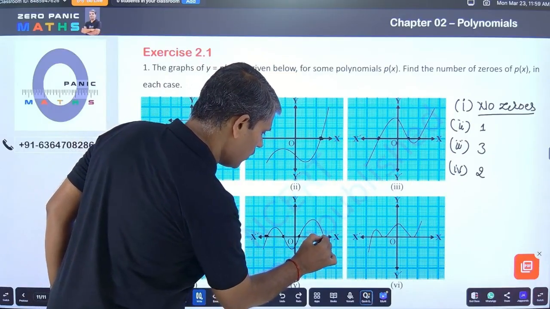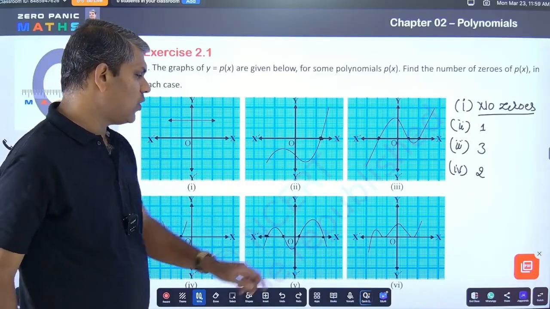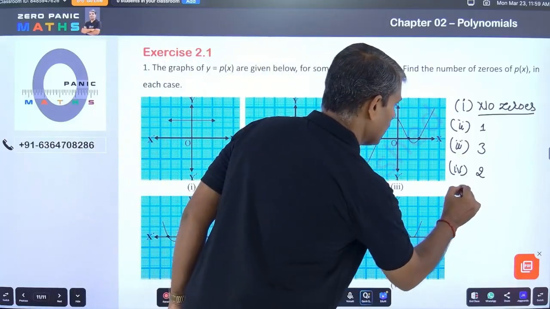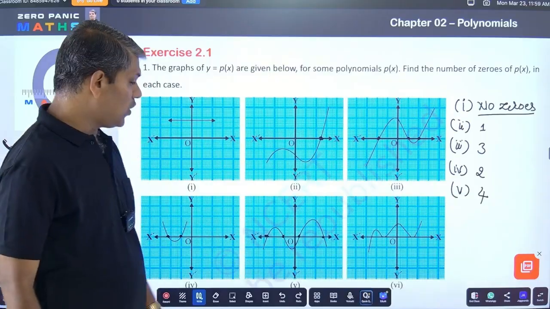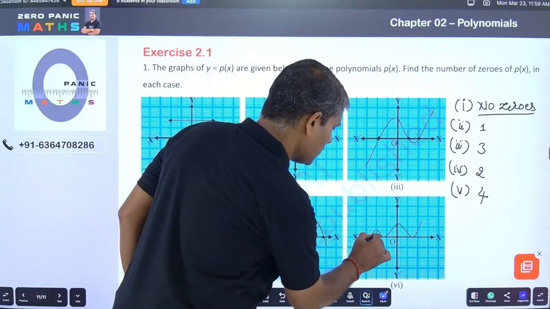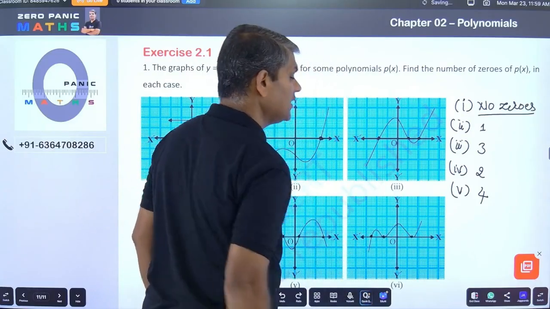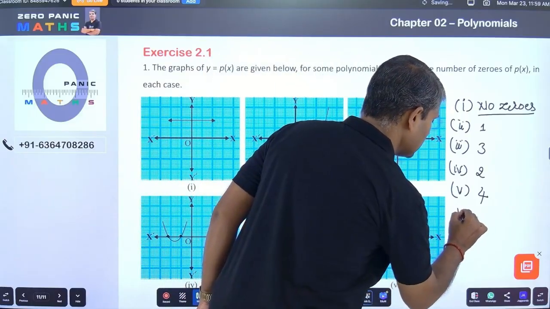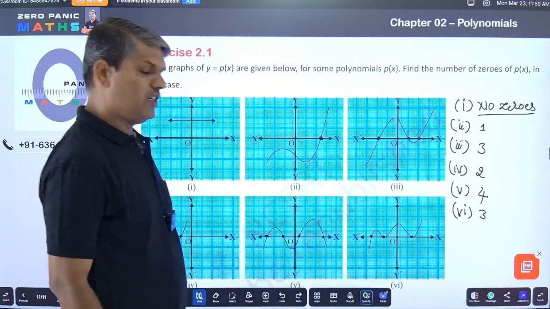Now, very simple. This curve is cutting the x-axis at 4 different points. So the number of zeros of this polynomial is 4. How many zeros are there for this polynomial? 1, 2, 3. 3 different points. It is intersecting the x-axis at three points, so it is 3.